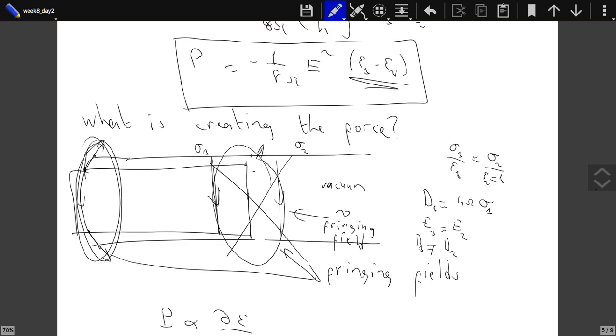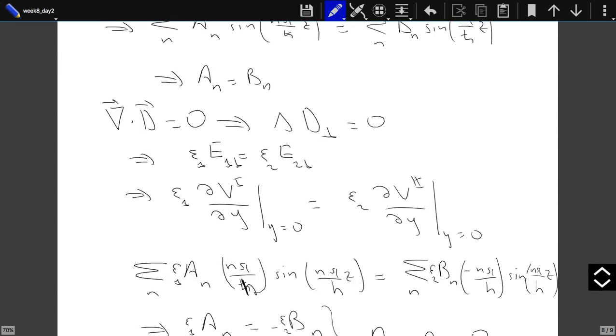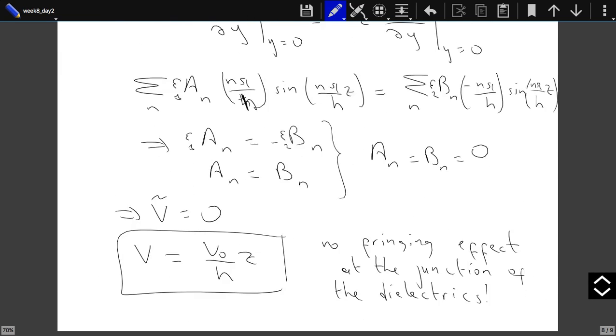And the amount that moves perfectly cancels this bound charge density, so that the net charge density in both regions is equal. And since they are equal, it's a uniformly charged surface, and hence no fringing fields in between. That also explains why the potential is just as if it's an infinite plate, etc.